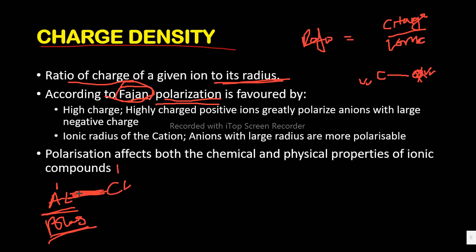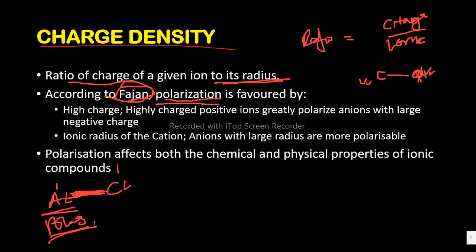So this bond, instead of being purely ionic, will be distorted and turn into a covalent bond, more of a covalent bond. We are going to explain different things when we reach there, so have no worries.